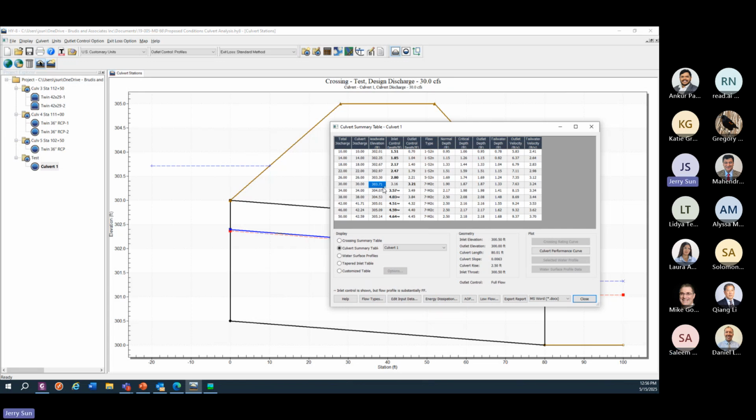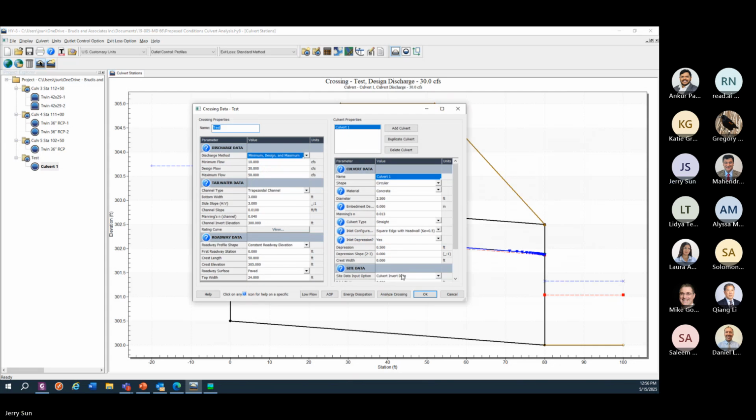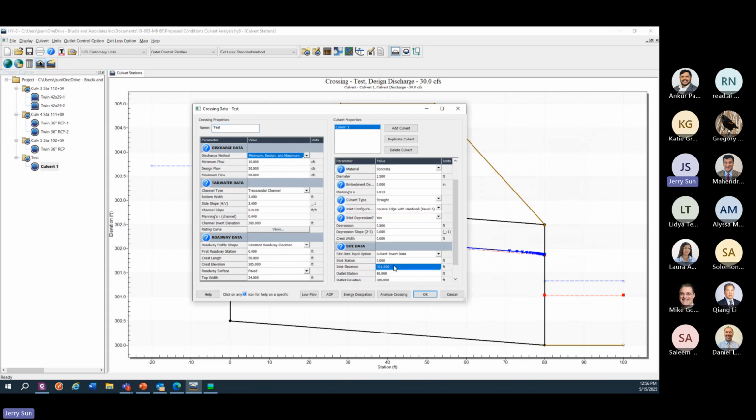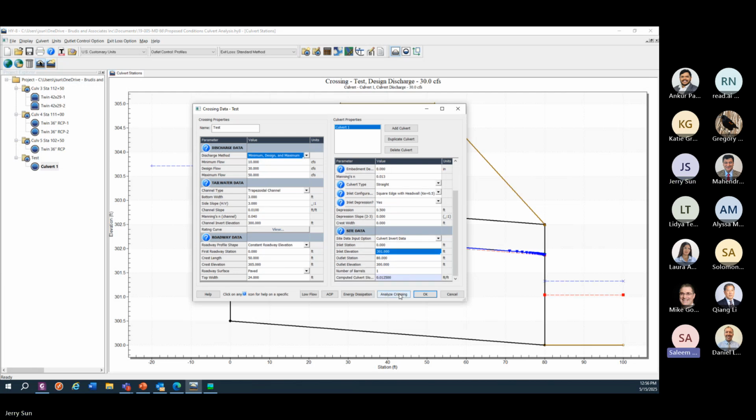No, no. The inward is, let me go back to the inward we use. It is 3.3001. No, that means inlet elevation. So we are looking for the headwater depth.